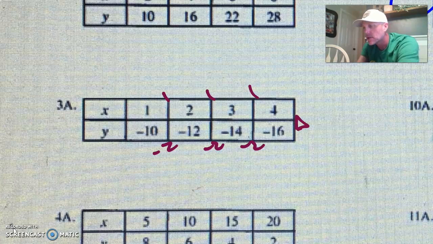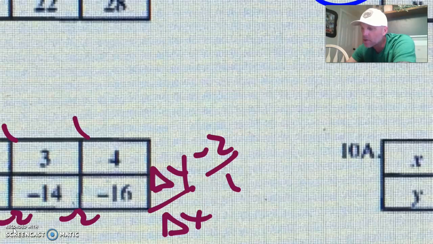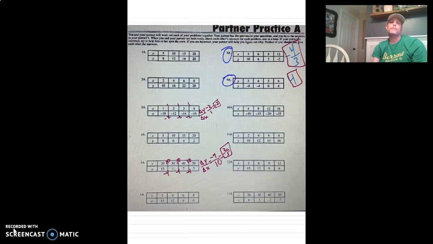So the change in y is negative 2. The change in x is 1. So that's just negative 2 divided by 1. So it's negative 2. Okay? Rock on.